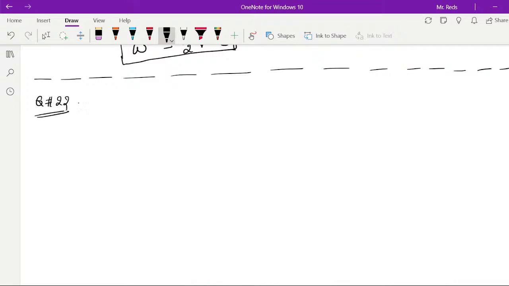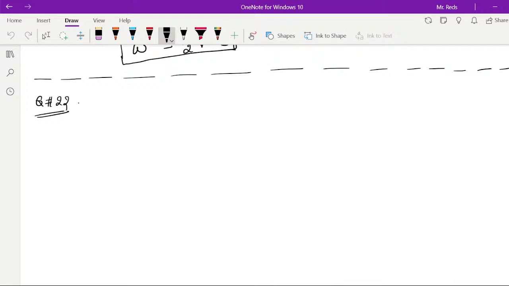Given that if S is stress and Y is Young's modulus of material of wire, the energy stored in the wire per unit volume. This is a direct formula, guys.